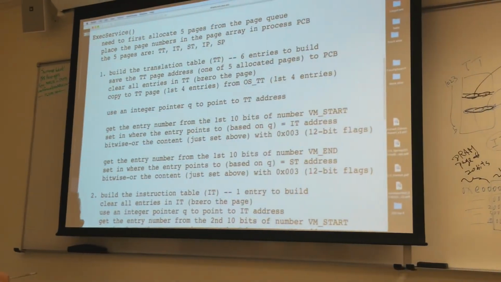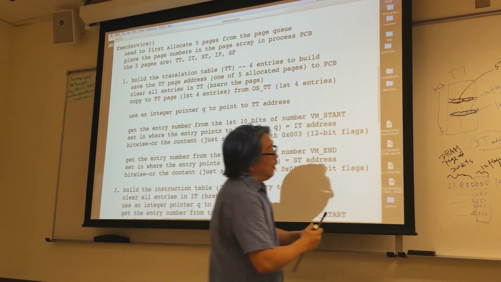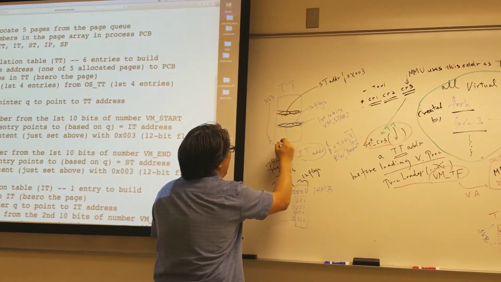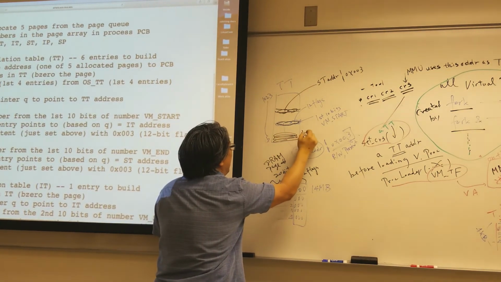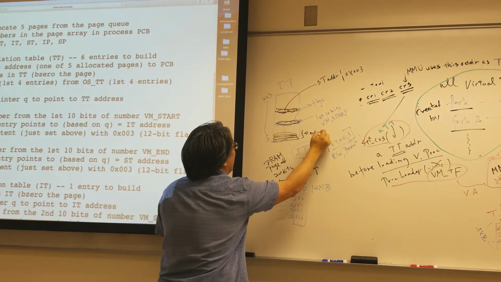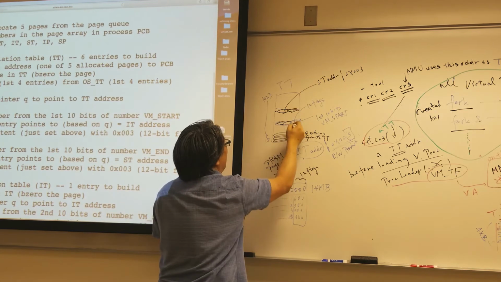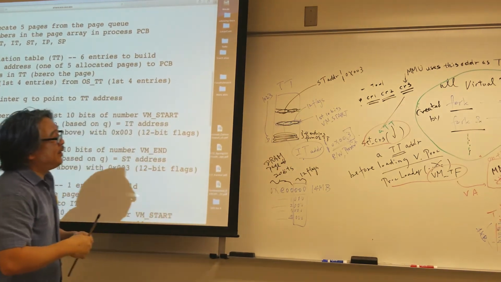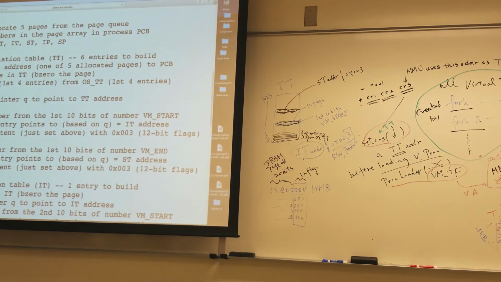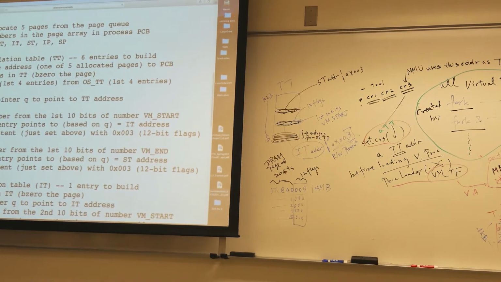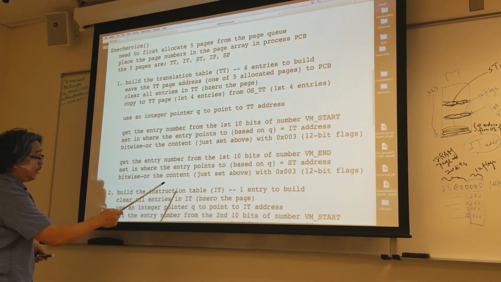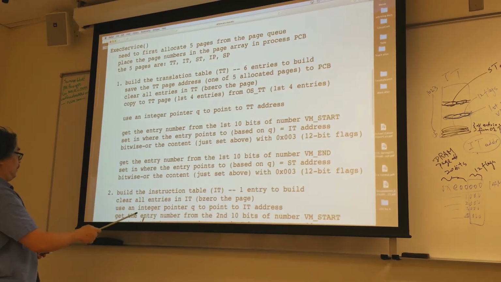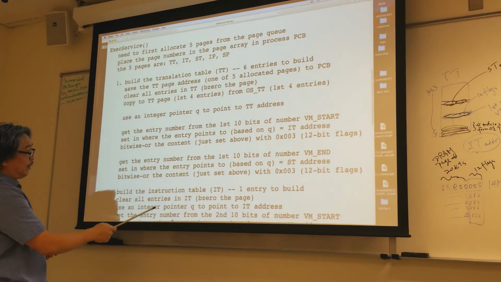All right, so we're going to build these two entries. The first 4 entries are copied from the OSTT, and this one we're going to manually set in the ECS service. Then we get the entry number from the first 10 bits of VM end.